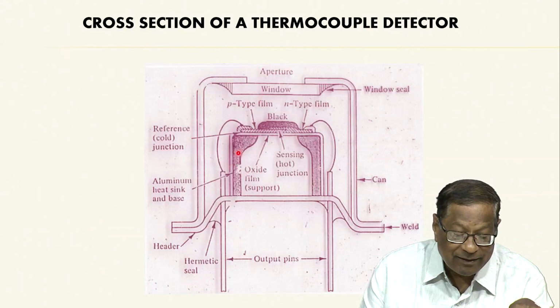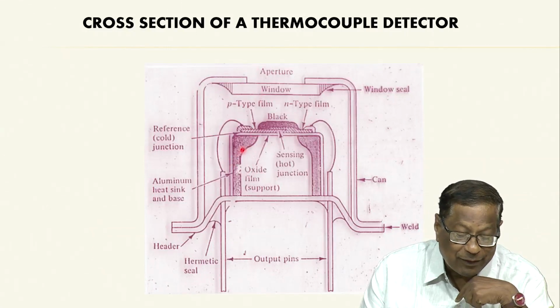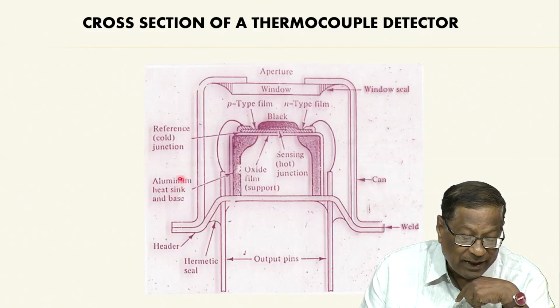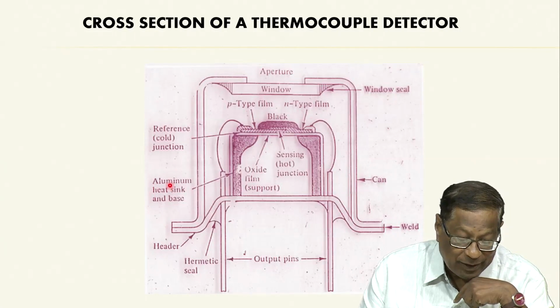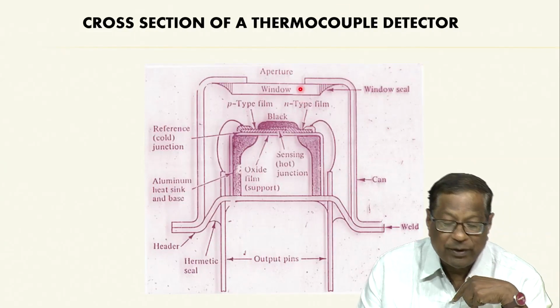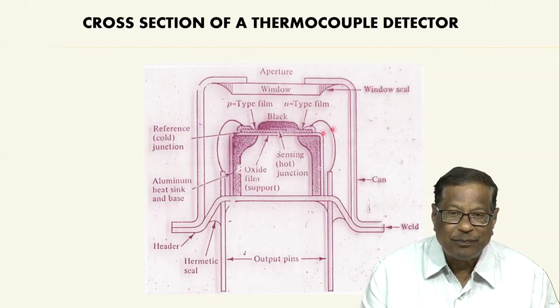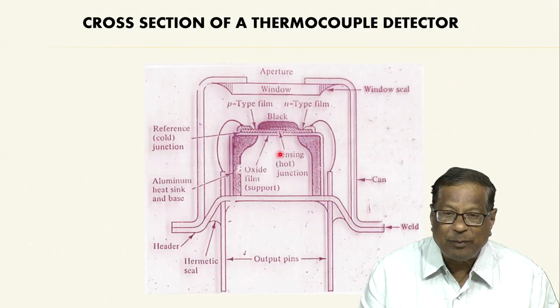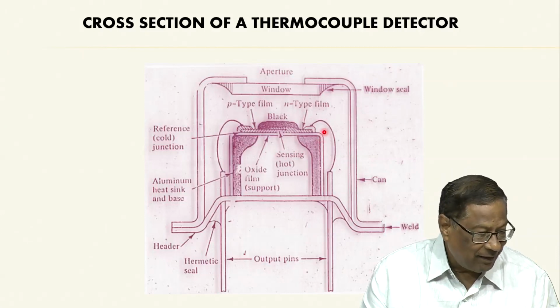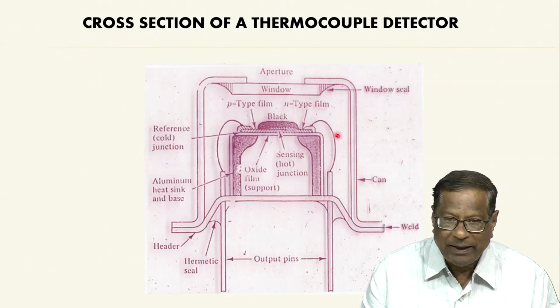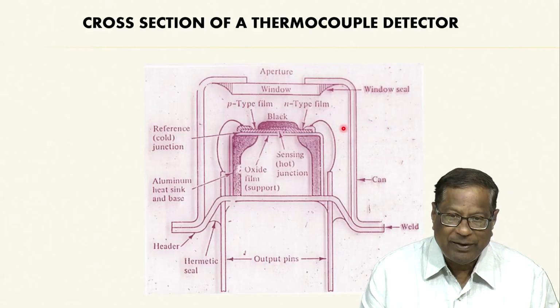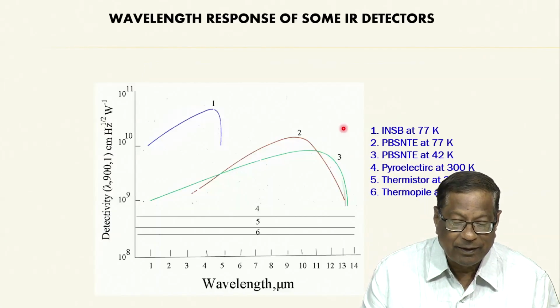That heat is dissipated using this aluminum heat sink. So, this is how a thermocouple detector is designed in infrared spectrometers. It is a fairly decent engineering item, but we should understand how a detector works.